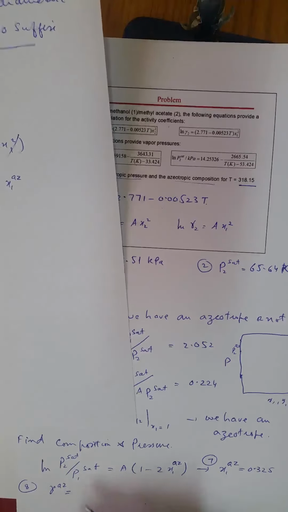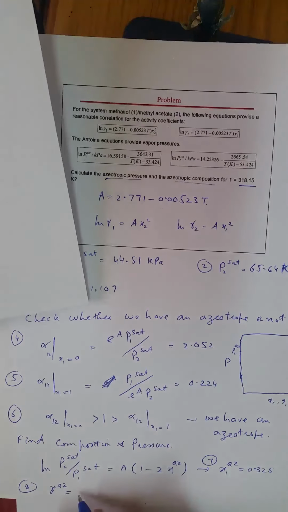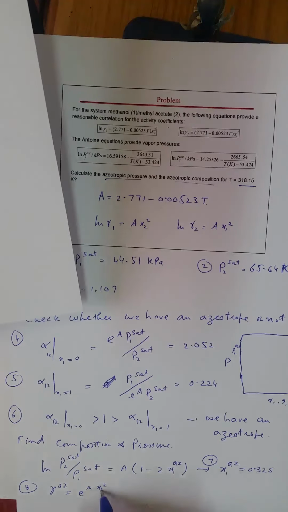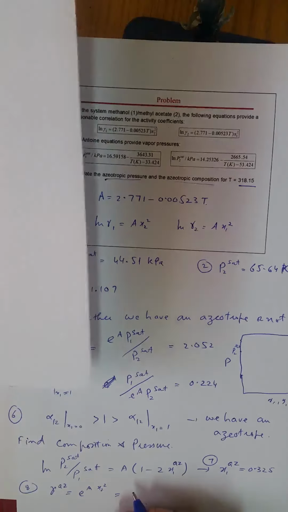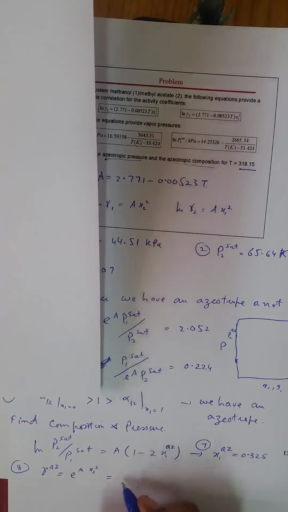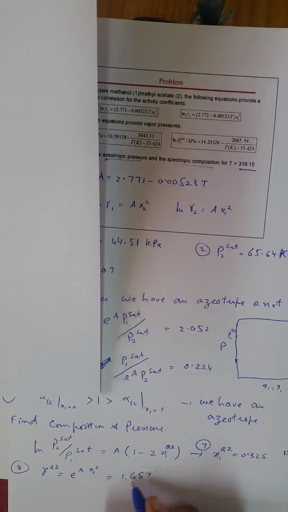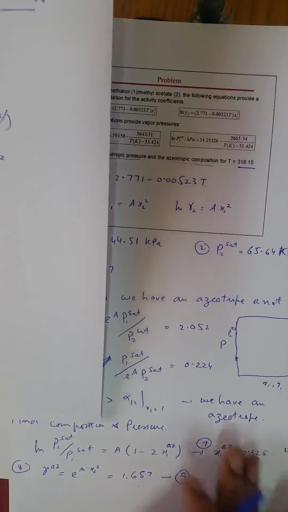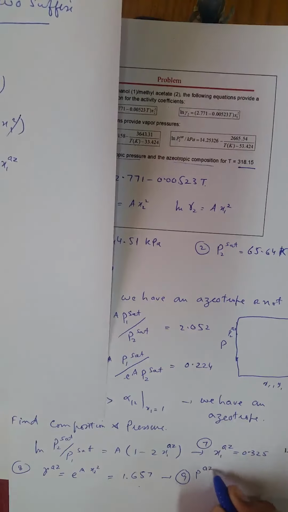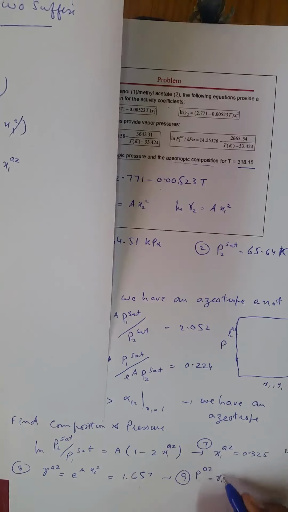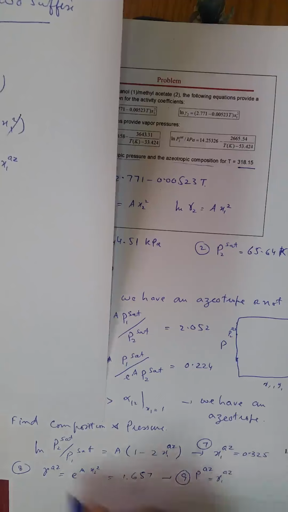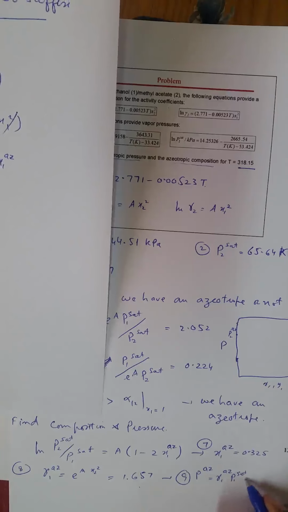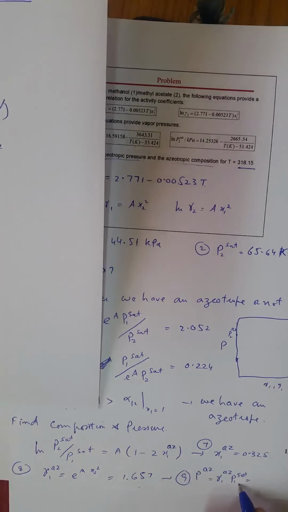So gamma at the azeotrope uses the same equation, e to the A x2 square. We substitute x here, and it comes out to be 1.657. Then the 9th step is to find the azeotrope pressure, which comes from gamma 1 at the azeotrope and P1 sat. We already know gamma 1 and P1 sat.